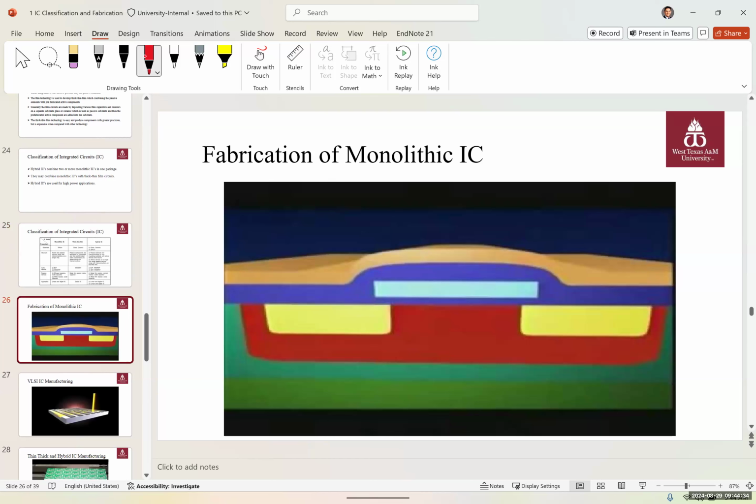This is a structural monolithic IC. These are in the range of a few molecules, very, very thin. Thousands of millions of them could fit in a typical needle, very, very small. The next one is going to be the VLSI ICs, which are the large scale ones.